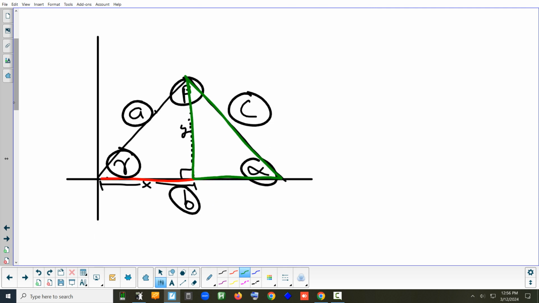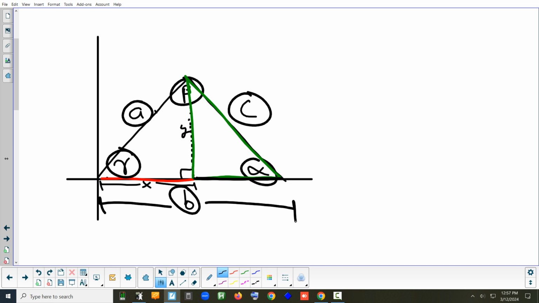Well, what's the height of the green triangle? Yeah, Y. Okay, so we got the height. So, we're going to have a y squared in there. What's the hypotenuse? C, so that's fine. But I need this. How would you represent that length using what I've labeled in that picture?